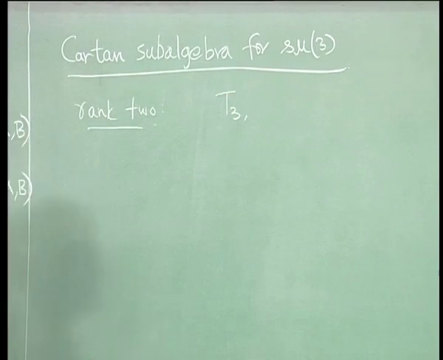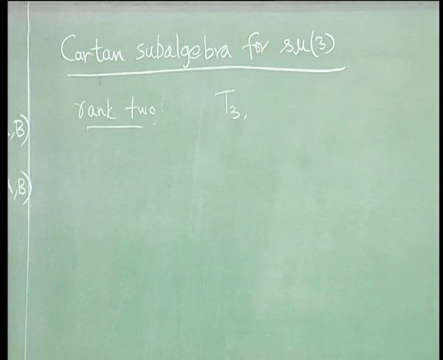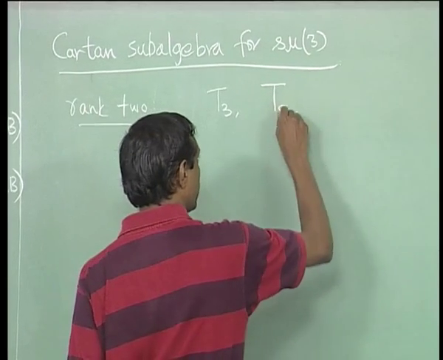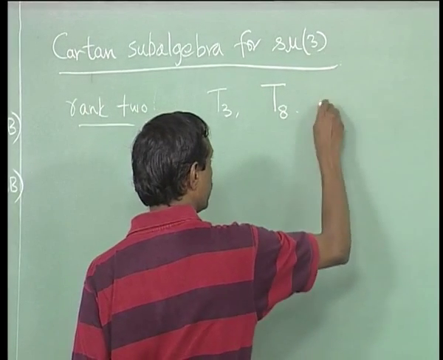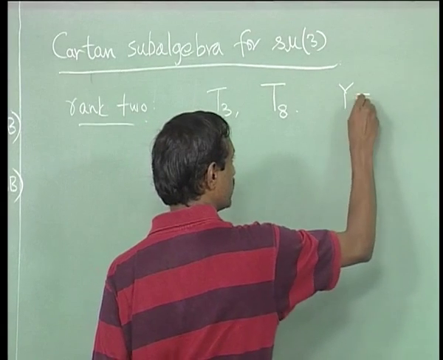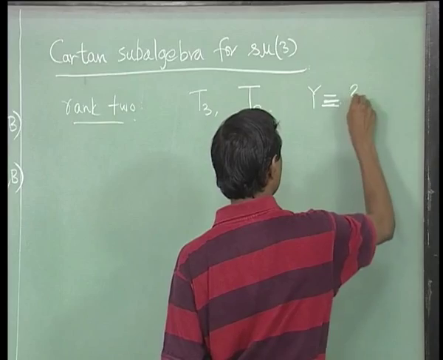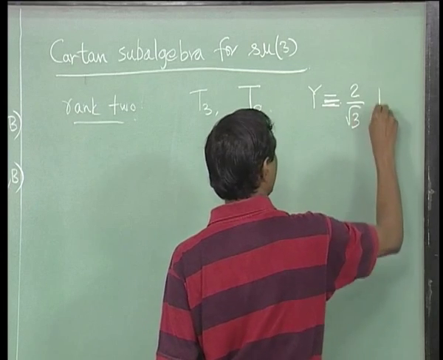We were going to work with the convention where it was T3 and T8, and to connect up with our particle physics application which we are going to look at, I will just define Y, which is 2 by root 3 of T8.